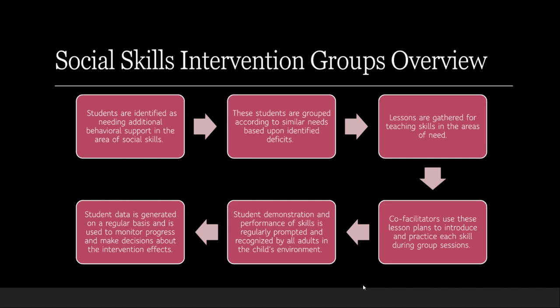The student demonstration and performance of the skill is going to be regularly prompted and recognized by all adults in that child's environment. So that facilitator is going to work with the staff and all the adults that interact with that child to help them understand what to look for and what skill that student should be demonstrating. And then student data is going to be generated on a frequent basis to monitor the student's progress and to make decisions about the student's response to that intervention.